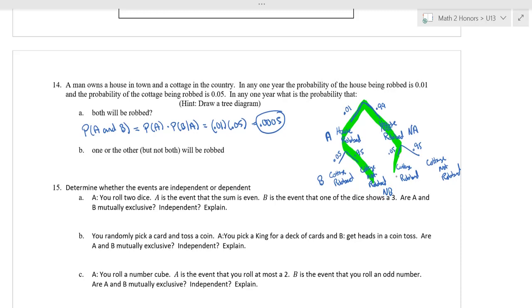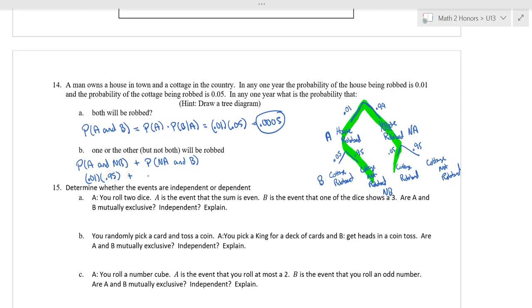Okay, so we have the probability of A and not B, or we have the probability of not A and B happening. And hope you're seeing the pattern. I'm going to skip a step and not write out the formula, but the probability of A is 0.01 times the probability of the cottage not being robbed, given that the house is robbed, is 0.95.